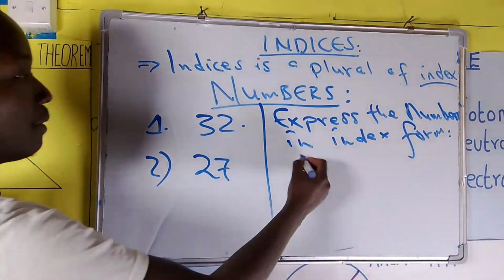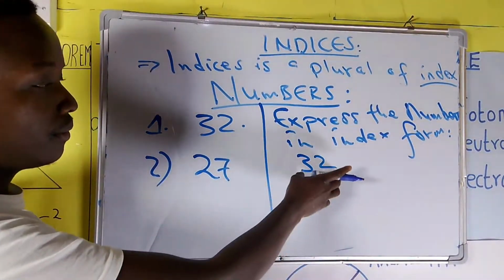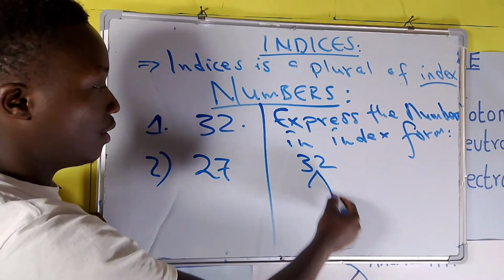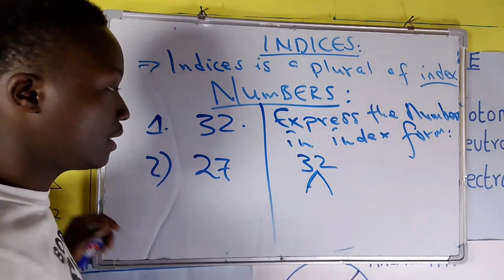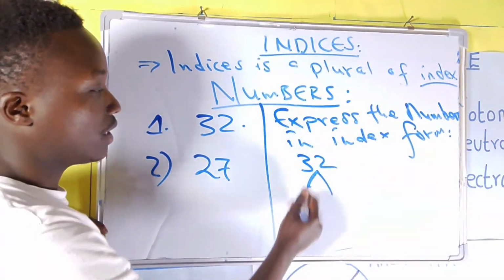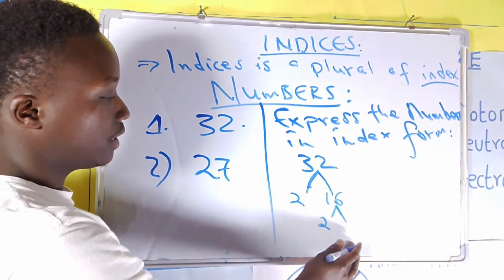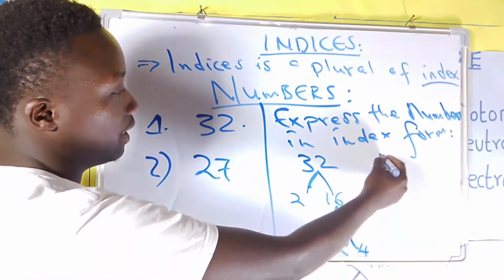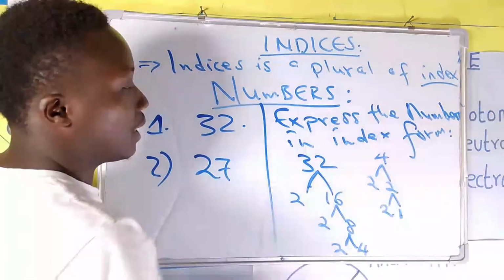We take the first number, which is 32, and we factorize it, we write it in the product of its own factors. So 32, the smallest divisor of 32 is 2, which will give us 16. By 2, it will give us 8. By 2, it will give us 4. Then that 4 by 2, it will give us a 2. And by a 2, it will give us 1.